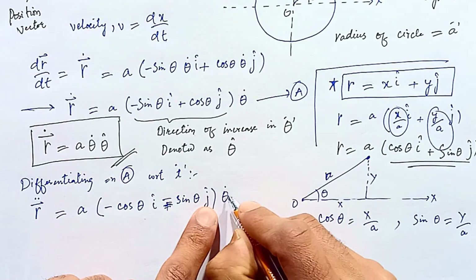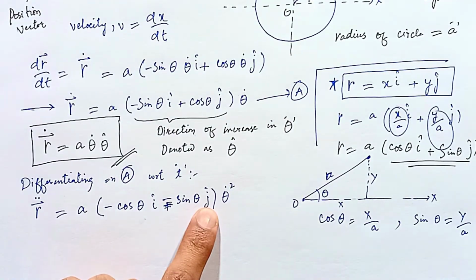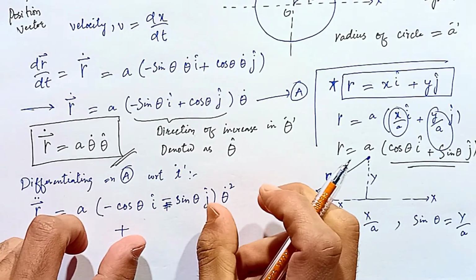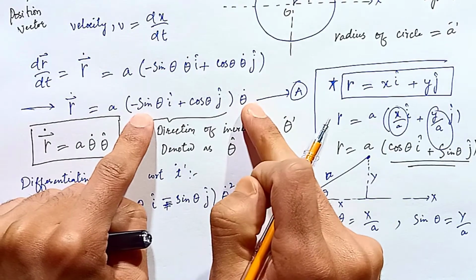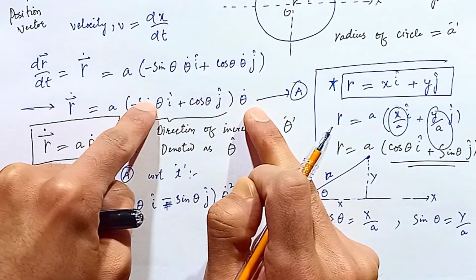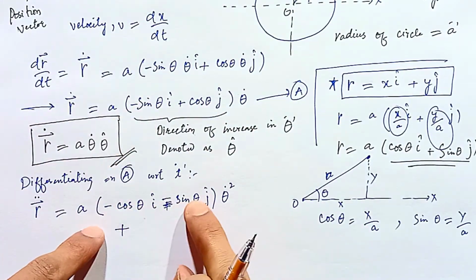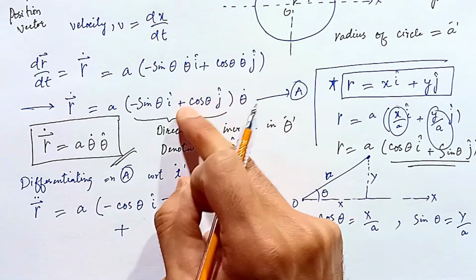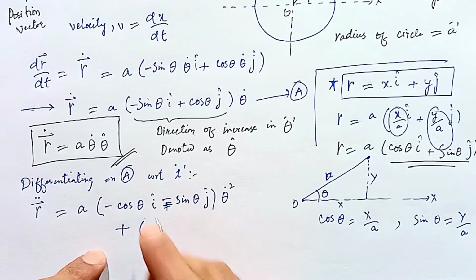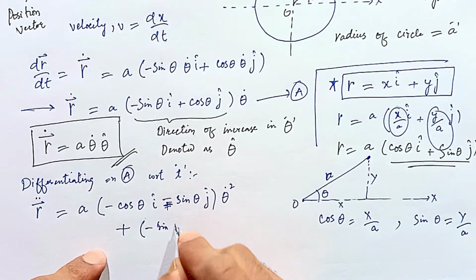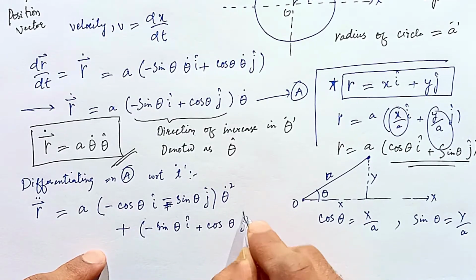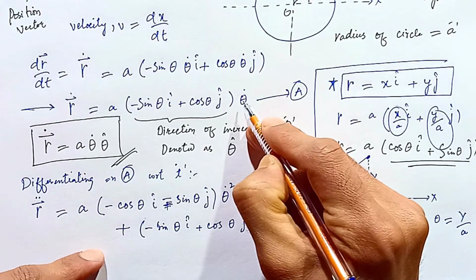So we get theta dot outside and also another theta dot here. Theta dot into theta dot will be theta dot square, plus, from the chain rule of differentiation, first we differentiate this keeping the other constant, and then we differentiate the other keeping this as it is. So we get minus sine theta i plus cosine of theta j, into the differentiation of theta dot.